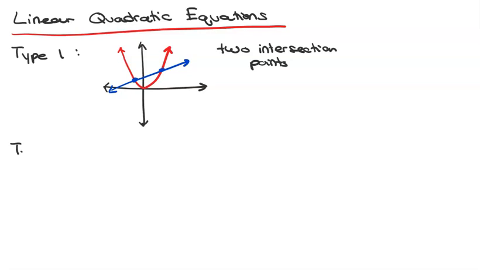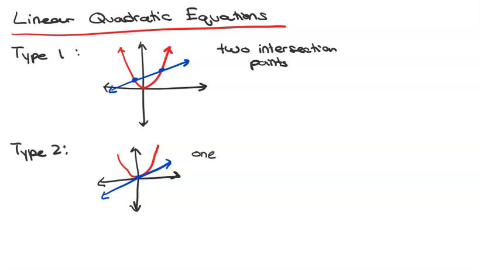Then if we move on to type 2, we have our parabola, but this time our line intersects the parabola at 1 point, at our vertex. So we would say we only have 1 intersection point.